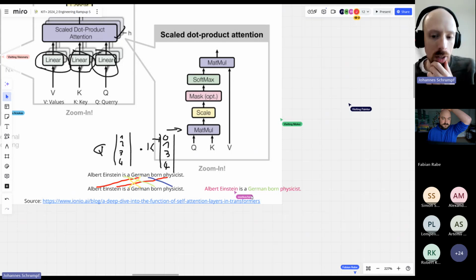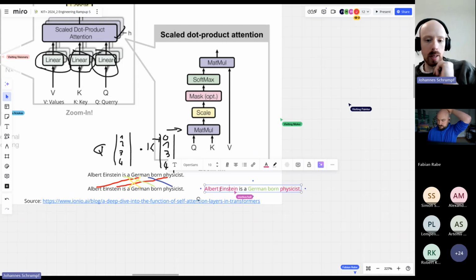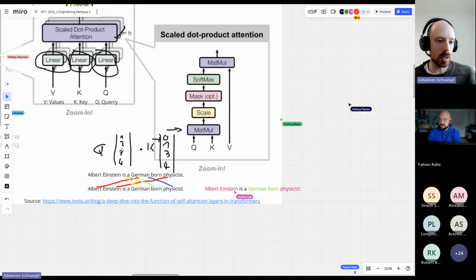What the network then learns from this is basically to represent certain semantic connections between very particular words.